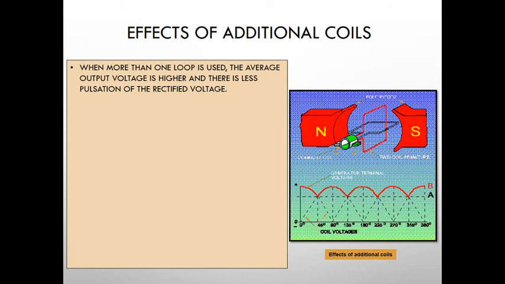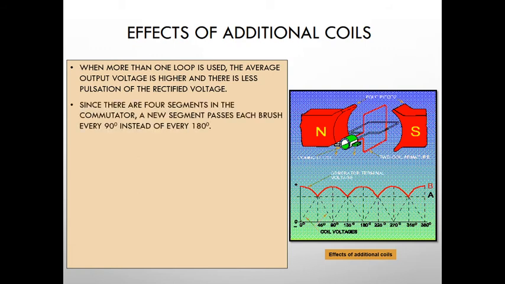Additional coil. Since there are 4 segments in the commutator, a new segment passes each brush every 90 instead of 180. Ganina ang output mula dire, then gisaw na sa ikaduhang coil, so dire sa taman di mapunan.